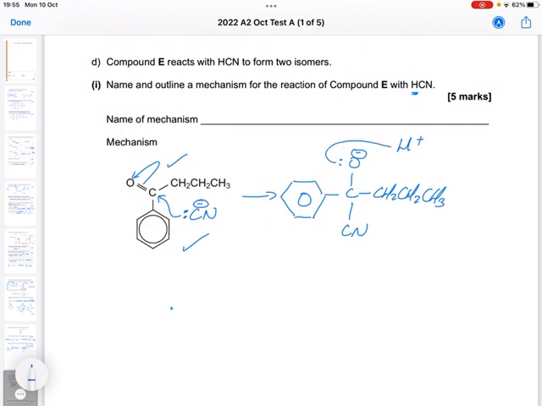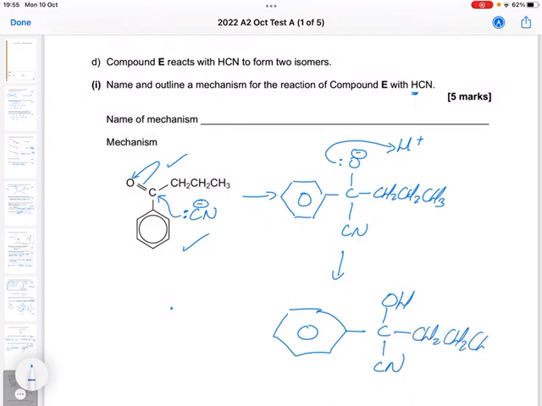So curly arrow from there to there. And that's going to give me my hydroxynitrile. And again, this is my nucleophilic addition reaction.